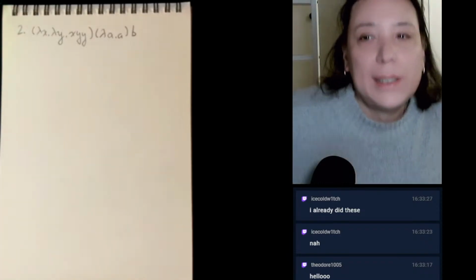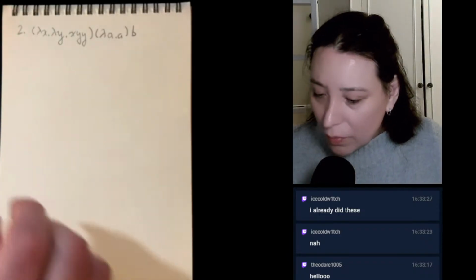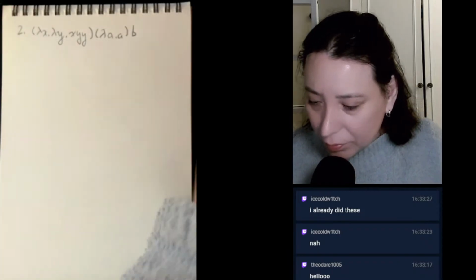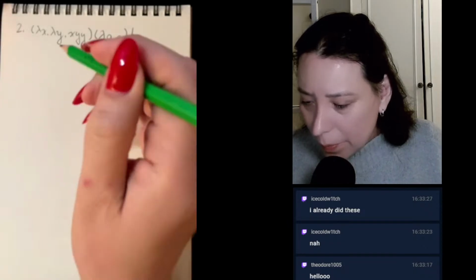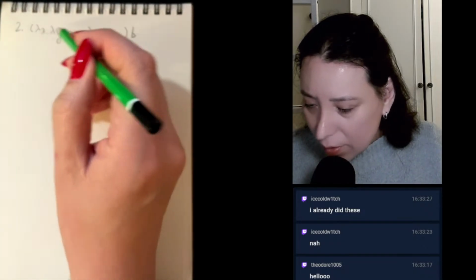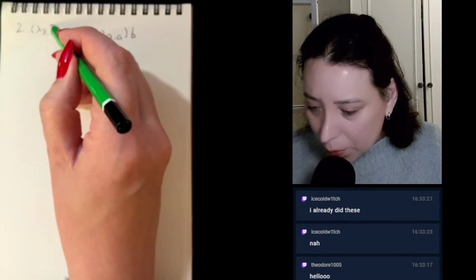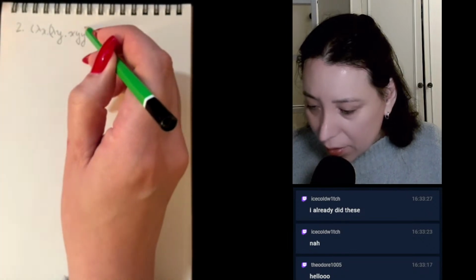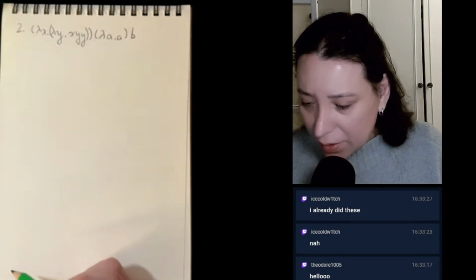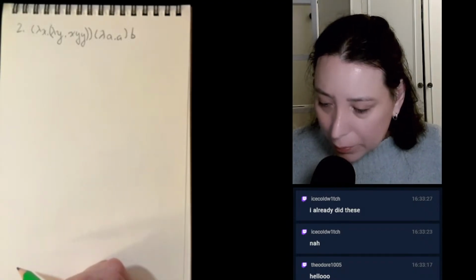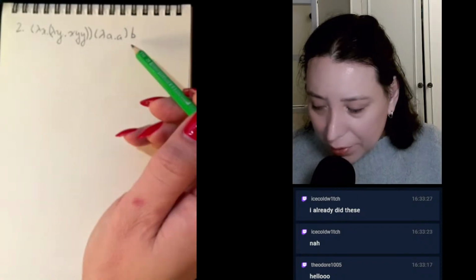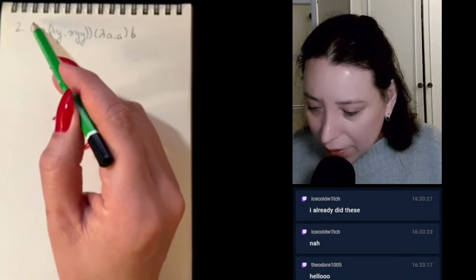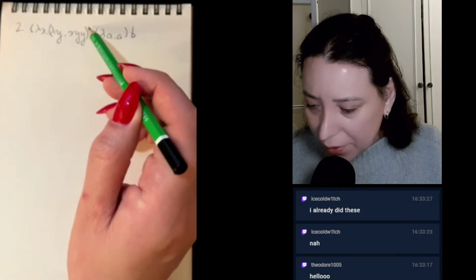All right, so let's continue now. Here's the problem, right? Well, this looks like a curried function, so I'm just going to put parentheses here just to make it easier for me to at least understand. So we go left to right here, and we can see that this is one whole function here that ends.